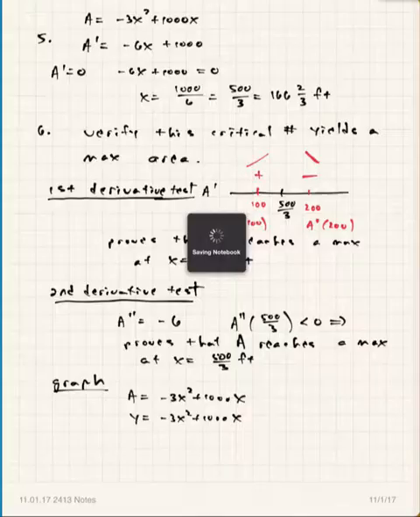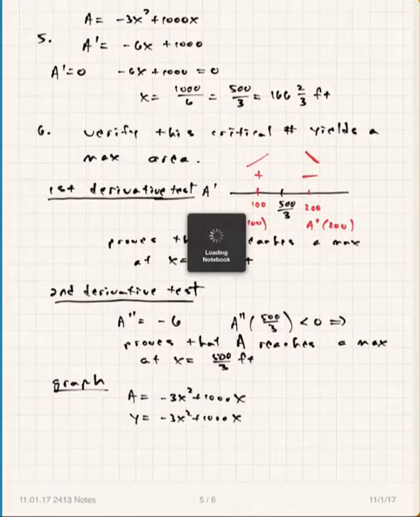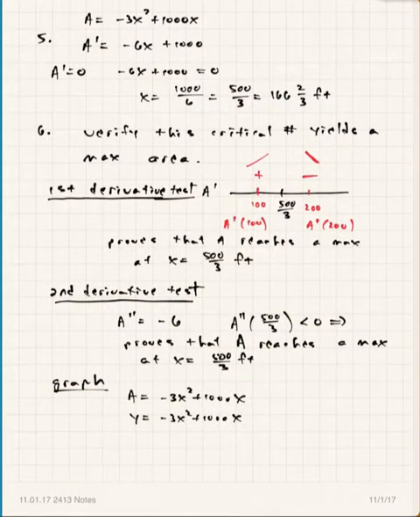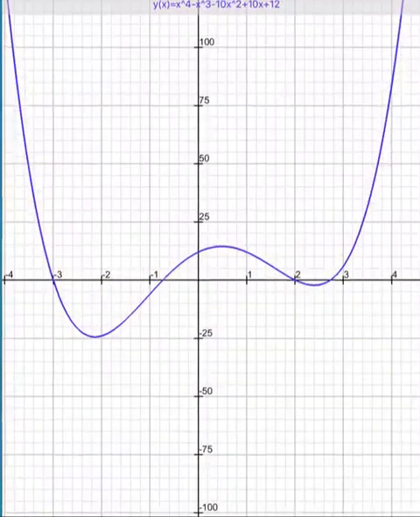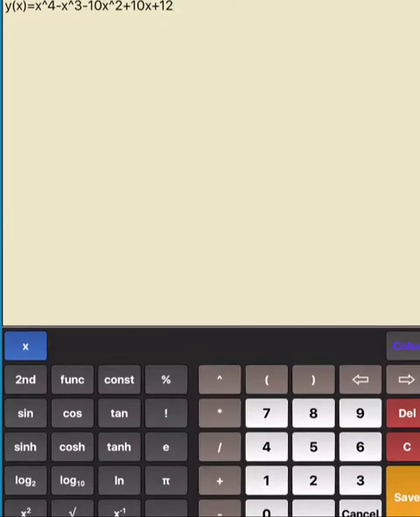Whoops, wrong app. I'll get it here eventually. Here we go. We're going to clear out this old function from another class, and we've got the function negative 3x squared plus 1000x. You're not graphing the derivative here. You're graphing the original function, because that's the one we're trying to maximize or minimize.